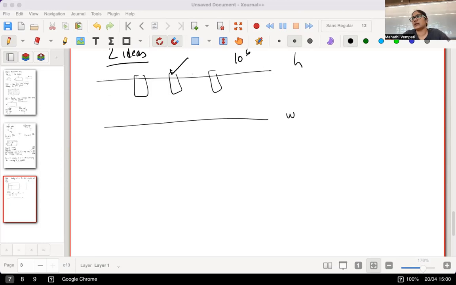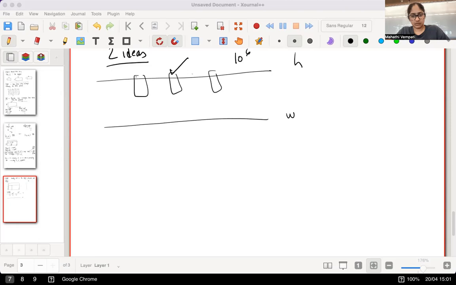And when I find elements, I think I just need to check if the second element is equal. So yeah, those are the ideas for implementing.